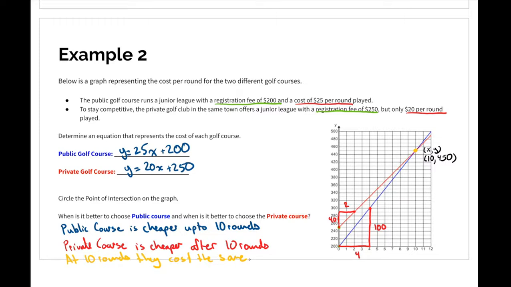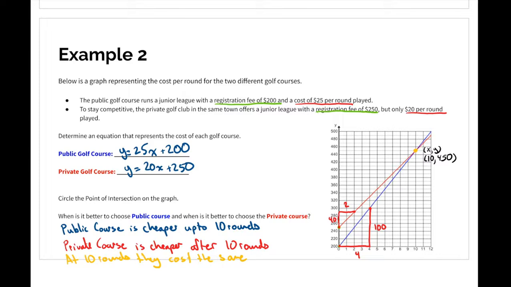So again, referencing those three scenarios: before the point of intersection, at the point of intersection, and after. Up to 10 rounds, the public course is cheaper, after, the private course, and at the point of intersection, they cost the same. So again, the main thing from this lesson isn't how to figure out the equations and the multipliers.